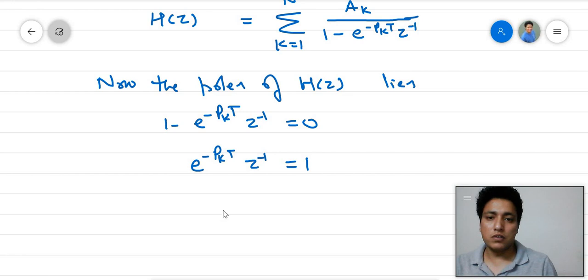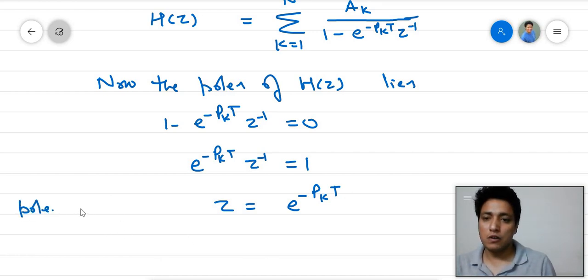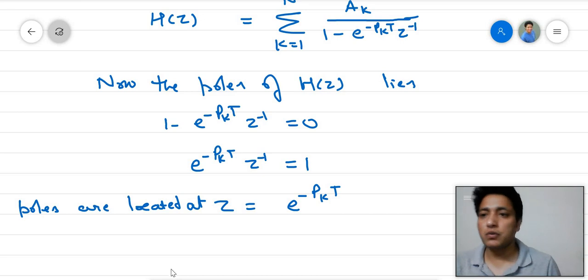So z will be equal to exponential minus p_k T. So the poles are located at z equals exponential minus p_k T.